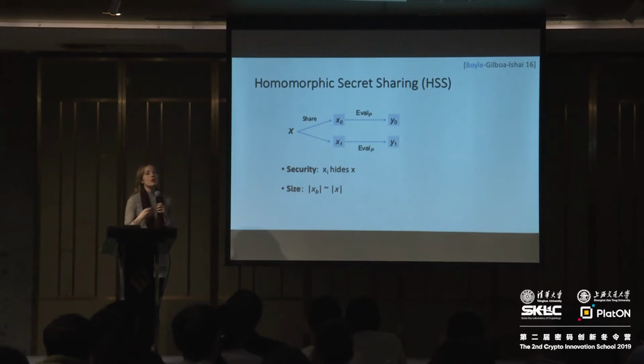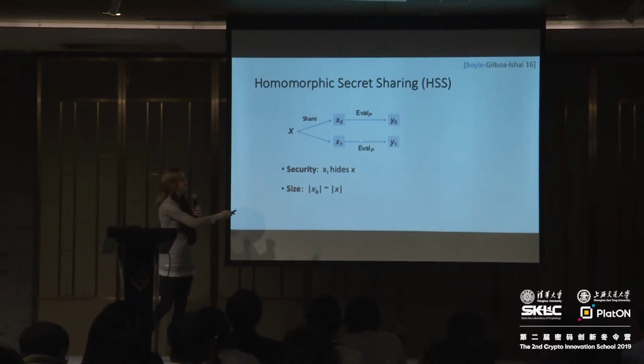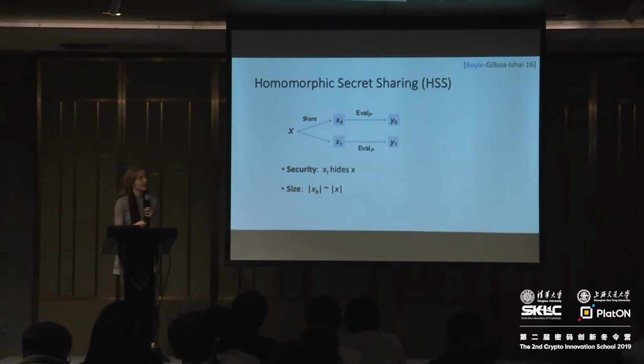Okay, and the homomorphism part here is that if I'm given just one of these shares, I can locally, without talking to the other person, do some sort of homomorphic evaluation on my share.